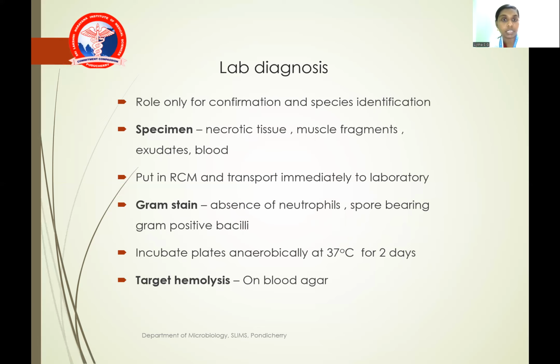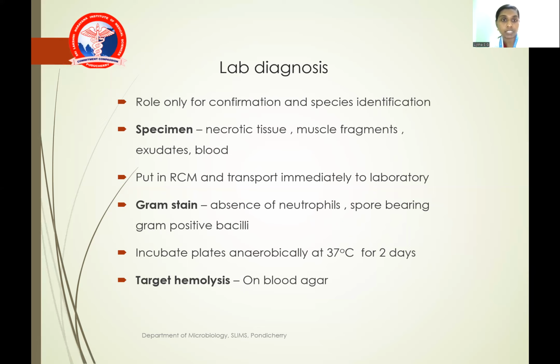The specimens processed are the necrotic tissue, muscle fragments, and deep exudates. You should collect from the depth of the wound, because anaerobiosis is there and we can isolate the organism from there. So necrotic tissue, muscle fragments, exudates from the depth of the wound, and blood are the specimens usually collected.